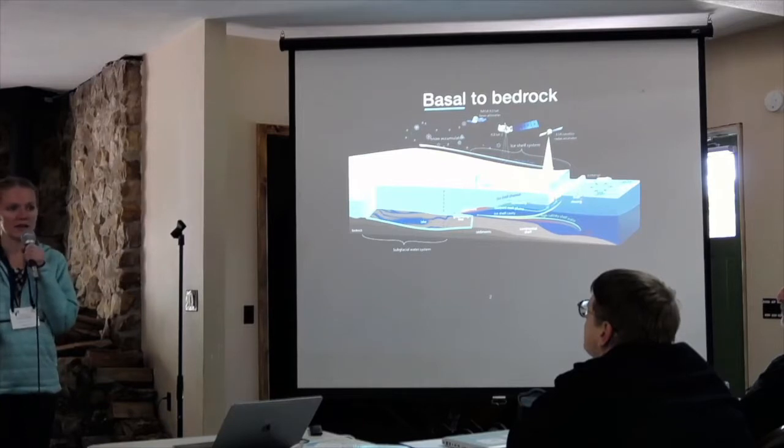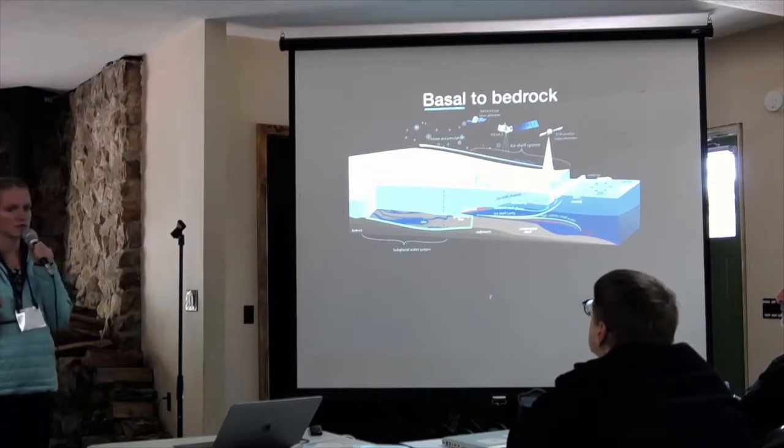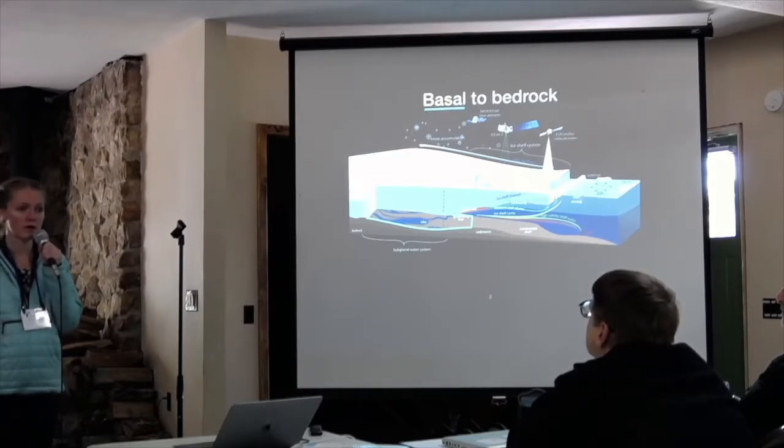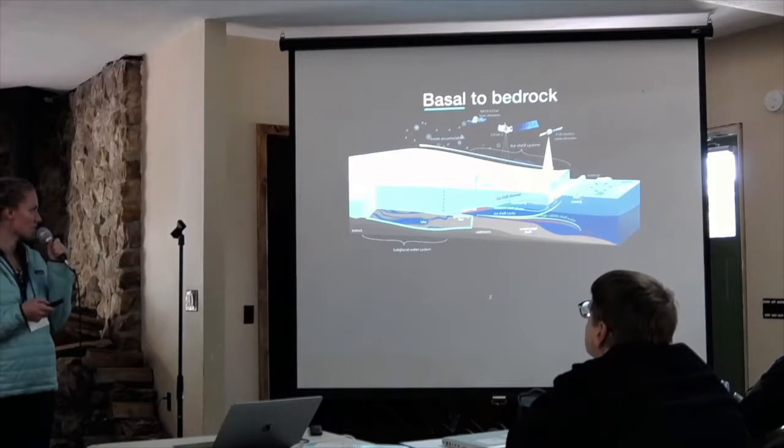So we know that there are lakes that actively drain and fill on monthly to yearly timescales, and these lakes eventually transport water into the Southern Ocean beneath the ice shelf. So I'm very interested in these sorts of basal processes.